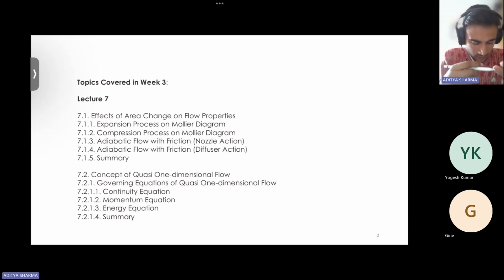So then I was explaining these two processes, the expansion process and the compression process. What I was saying is that this is in connection to the change in the static pressures.